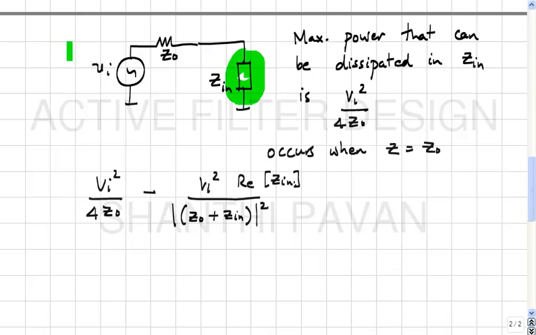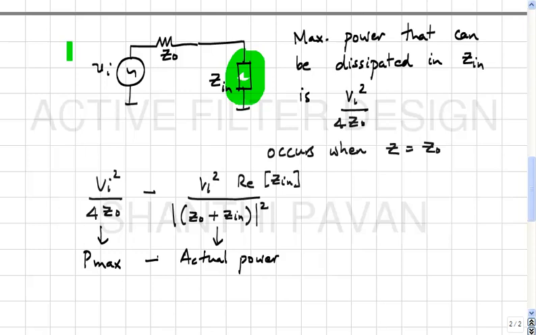So this is the maximum power. This is the actual power. So we should be able to relate the difference between the maximum power and the actual power to the deviation of Zin from Z0. Now this deviation is a loose term, we have not quantified what this deviation is.